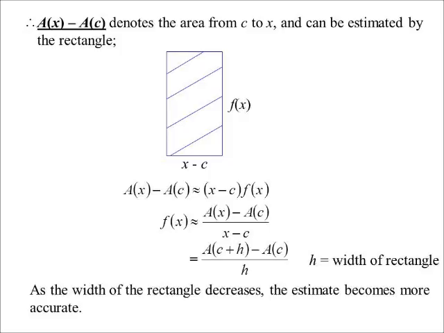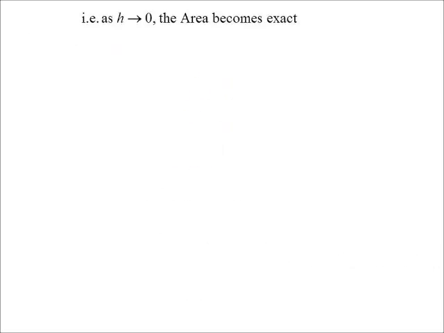We want to get as small as possible. So if I make the H approaching 0, that width of the rectangle, then look at the formula. I now know that that function X will be exactly the limit as H approaches 0 of this new function I've called A, C plus H minus area C all over H.